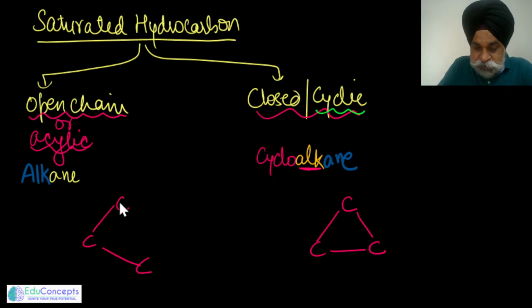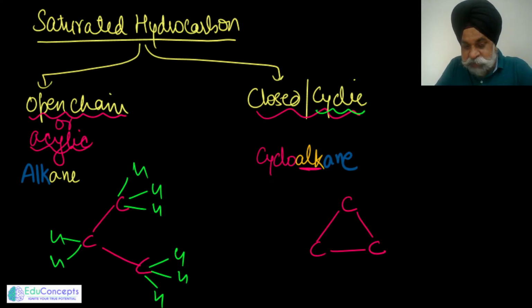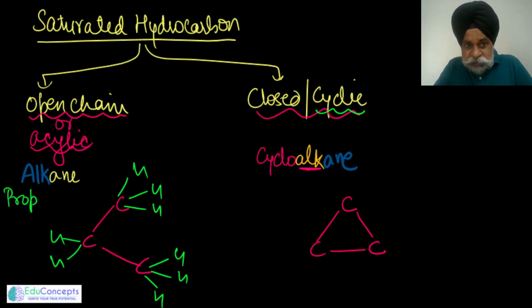Now see how many hydrogens it has. It has 3, just to keep its tetravalency intact, because you have to create 4 bonds around the carbon, and that too with single bonds. So this is what you call 3 carbons, said as prop. And all this prop has 3 carbons containing single bonds. We refer to it as ane. So we can say it is propane. Am I right or not? Yes, it is perfectly right. So it can be said as propane.